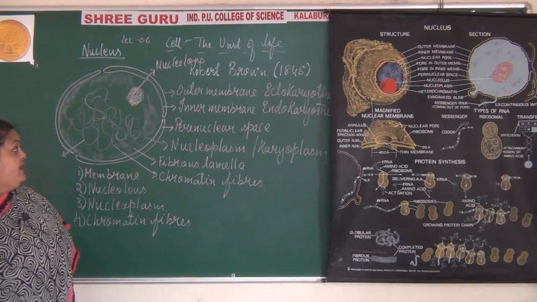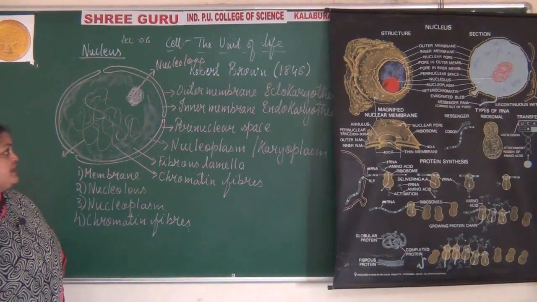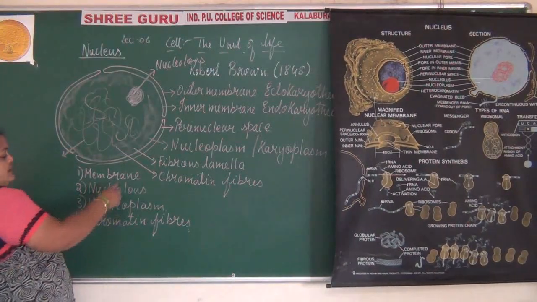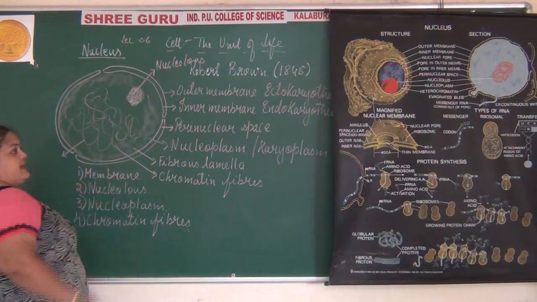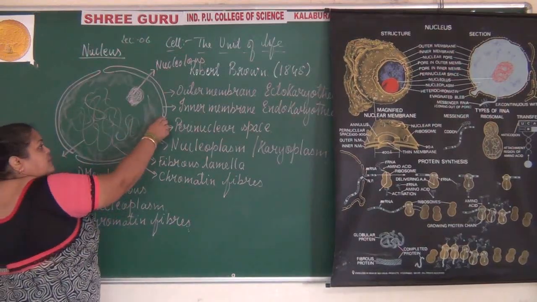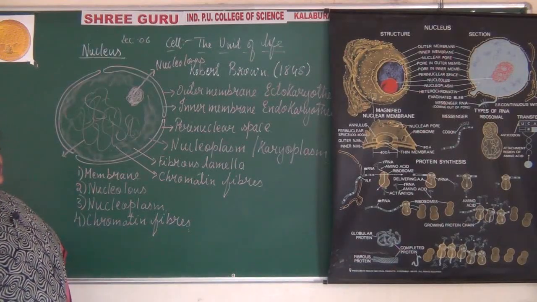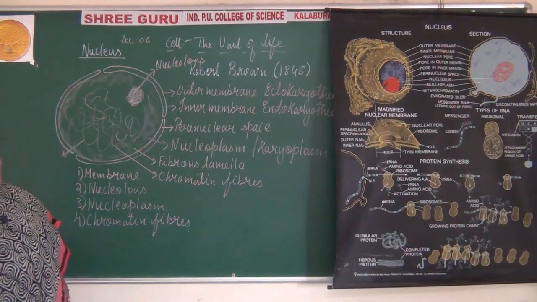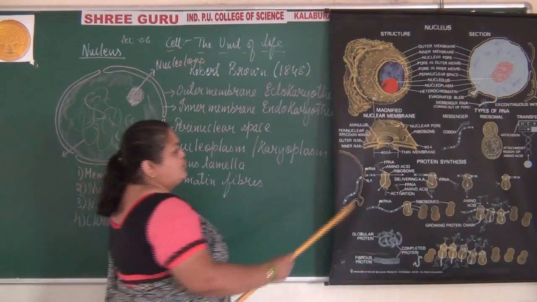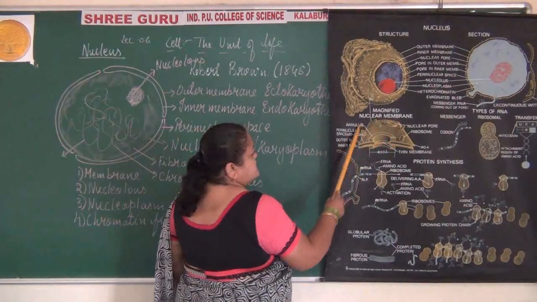Here the membrane is not continuous. There are minute spaces, or pores, on the membrane. So the nucleus has pores. You can go with this diagram.